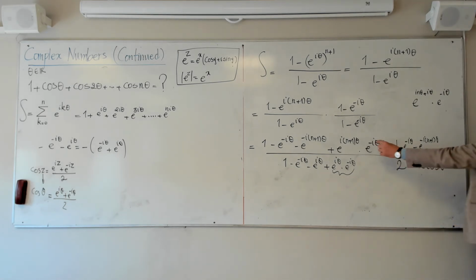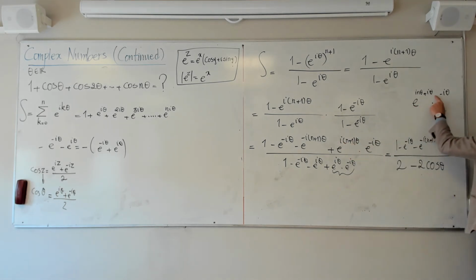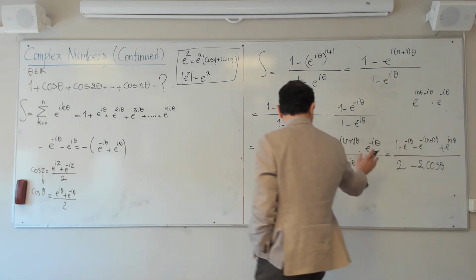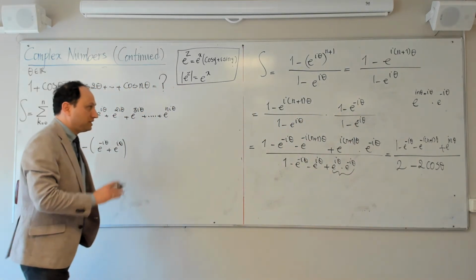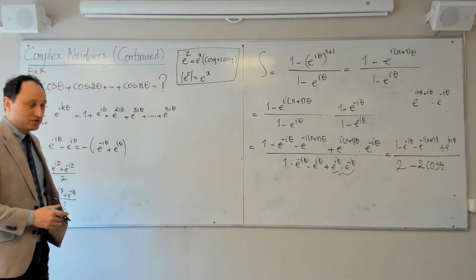I just expanded this and wrote it here. If I multiply them, the exponents will be added, they cancel, so this one is left. That is the formula, so we need to continue a lot, of course.